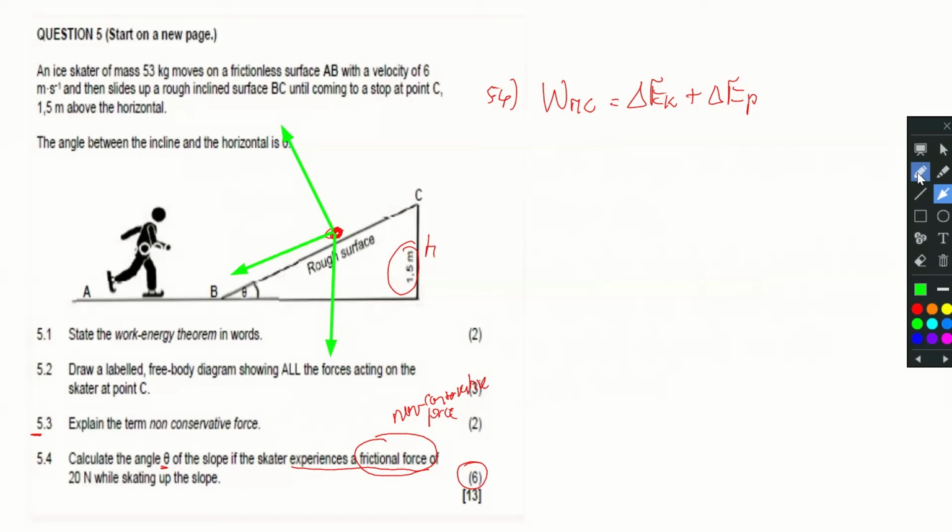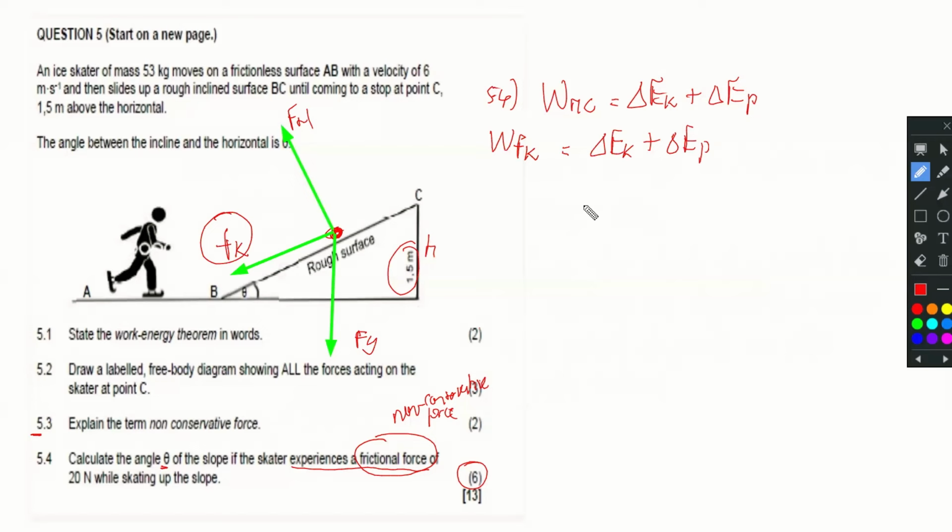But the only non-conservative force that we have is Fk, right? Both these ones are conservative forces. So we only have Fk, kinetic frictional force, as the non-conservative force.